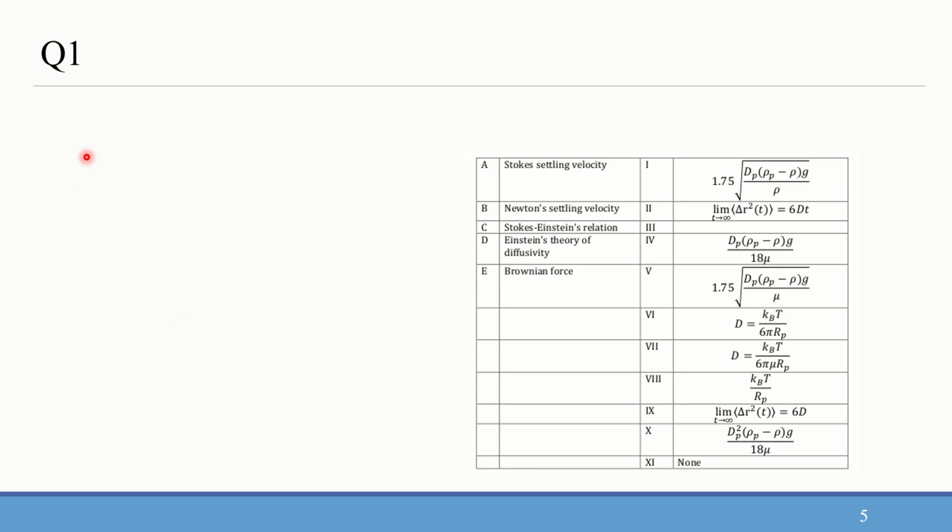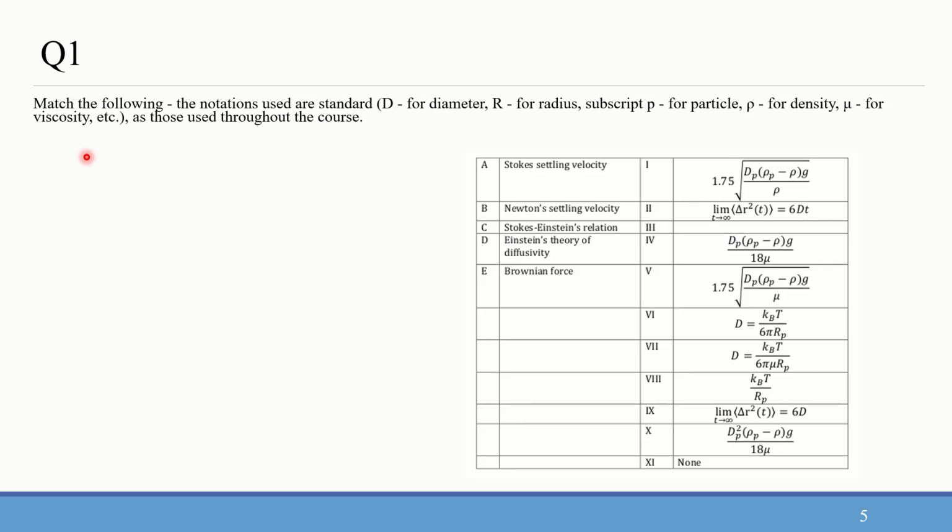For question 1, what we have got here is match the following. The notations used here are D for diameter, R for radius, subscript P for particle, rho for density, mu for viscosity, etc., as those used throughout the course. So it is a simple match the following problem, and the notations are ones we regularly use.